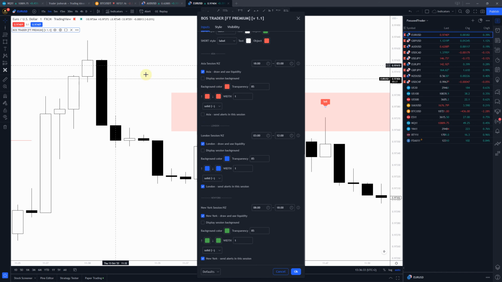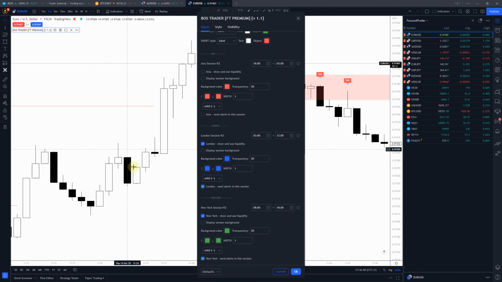So if there is a liquidity grab of Asia liquidity happening in other time sessions, the alert will come. But if you uncheck this, then you won't draw Asia liquidity, and won't even be alerted about the liquidity grab of that.